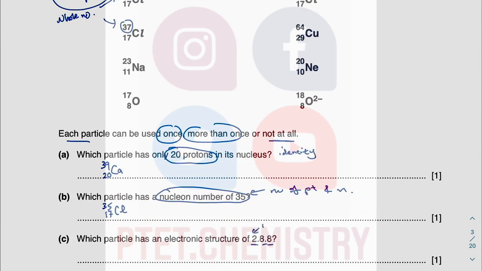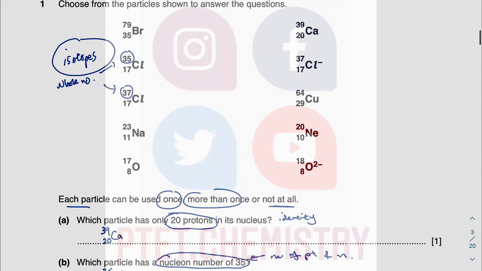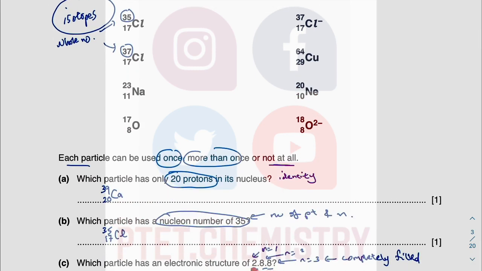Which particle has an electronic structure of 2, 8, and 8? You will see there's the first shell, the second shell, and then the third shell. It has 8 outer shell electrons in the third shell. It's completely filled. So we are looking at a noble gas configuration, which means it could be a noble gas. But it could also be ions, whether cations or anions, that have the same electronic configuration as 2, 8, 8, which is the same as argon.